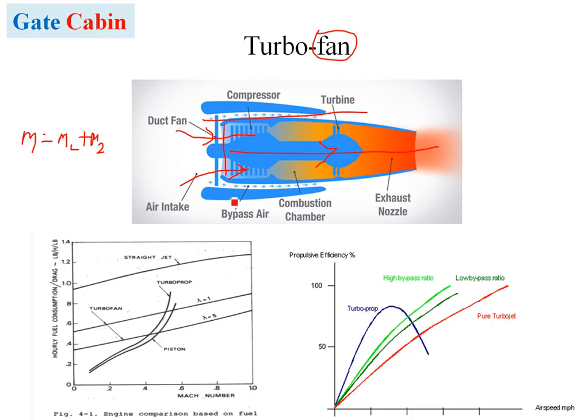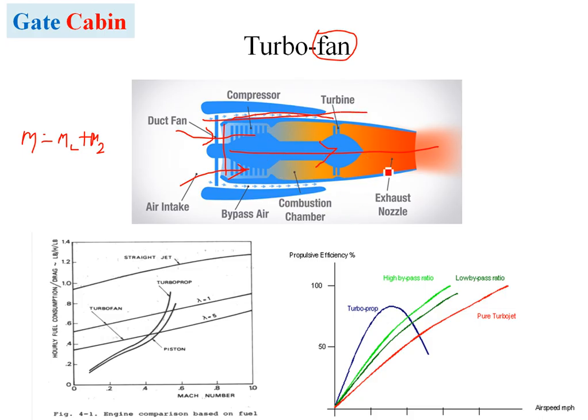So the total amount of air entering the inlet is divided into two parts. These two parts combine, and the air passes through this shroud. The cover is called the shroud. The major part of the air flows through the core engine, which is the power plant, and a small amount of air flows around the engine in order to cool it.